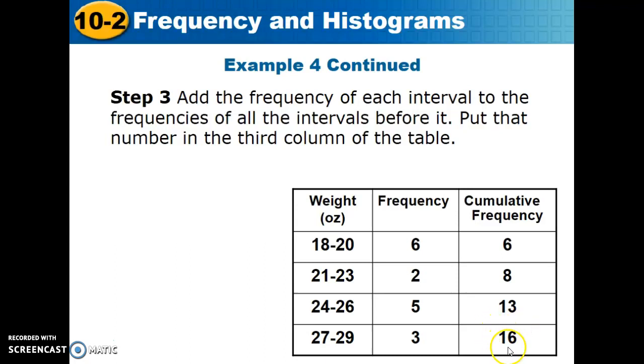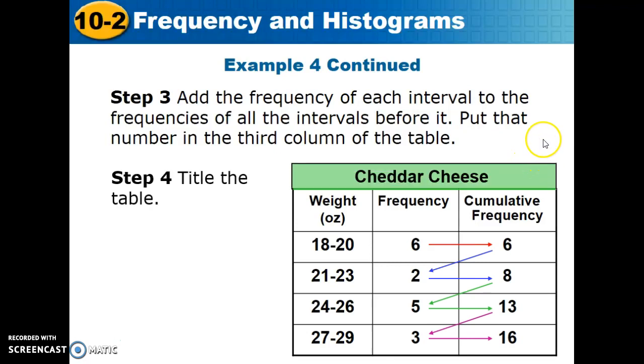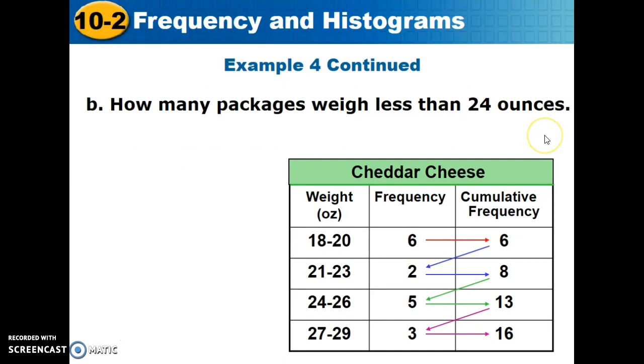This gives us the total count of all packages that we have taken data on. 6, 8, 13, 16. 16 total. Title the table: cheddar cheese, one of my favorite subjects.